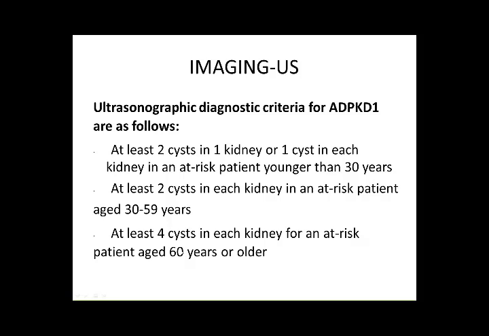Or if the patient is 60 years or older, four cysts in each kidney is present, then we diagnose this patient as suffering from polycystic kidney disease. It's a very important diagnostic criteria, and you have to remember it; especially in the final year MBBS, they always ask in the examination the diagnostic criteria of polycystic kidney disease.